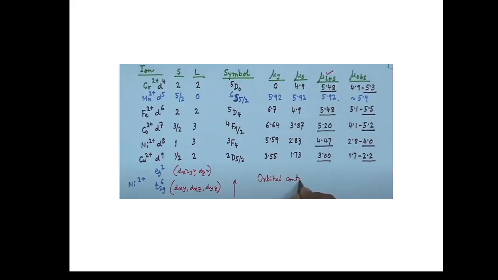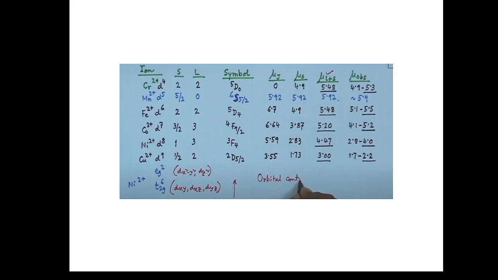So I will just go to the, yeah. This professor has already written this for transition metal complexes. If we take the ion, what is the S and L value, what is the symbol, and what are the mu S and mu L values. Now the thing is that for the lanthanides, we have the spin orbit coupling.